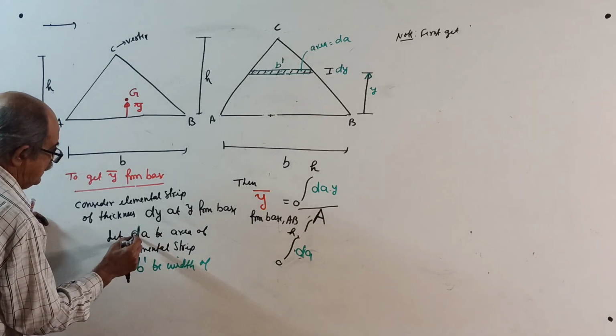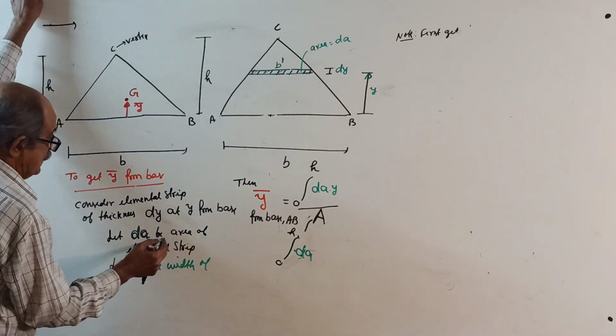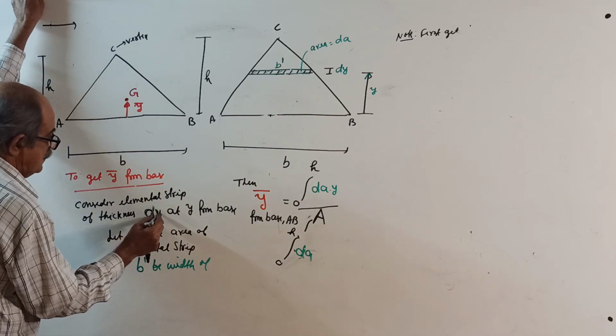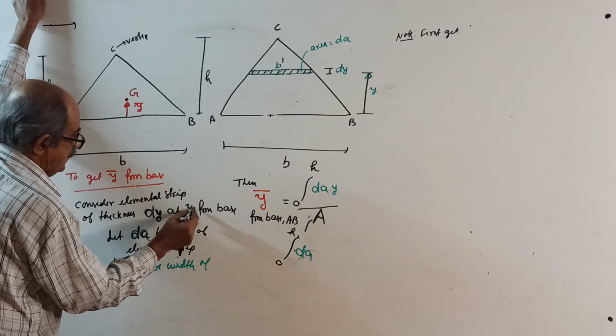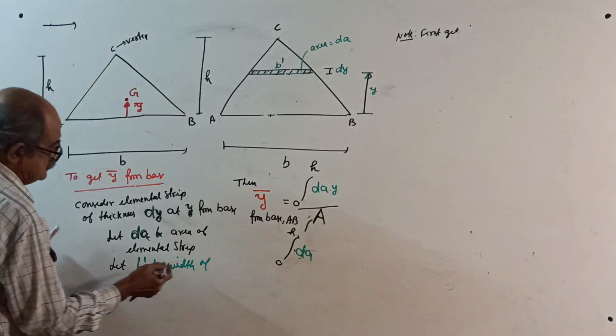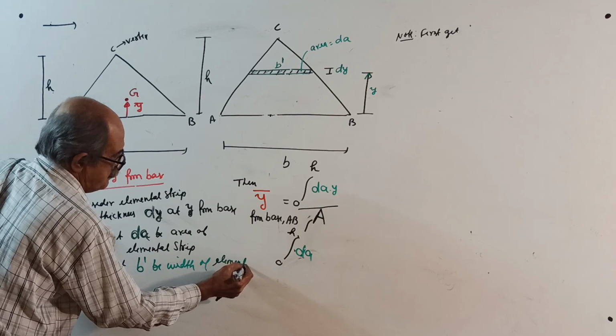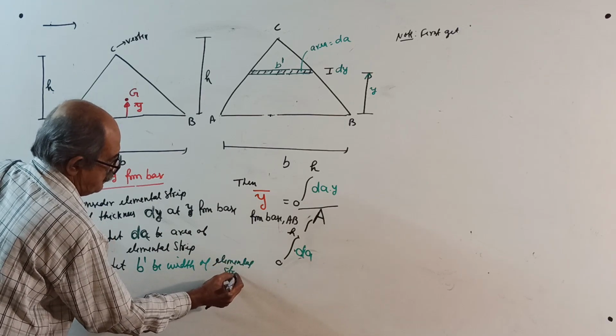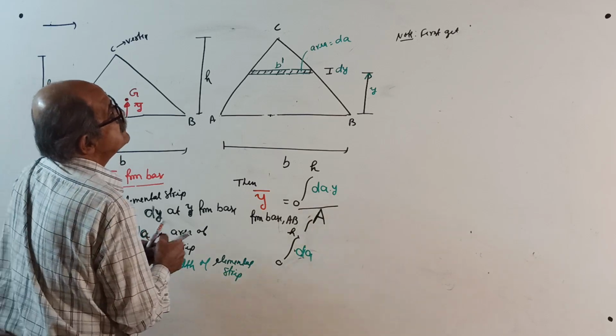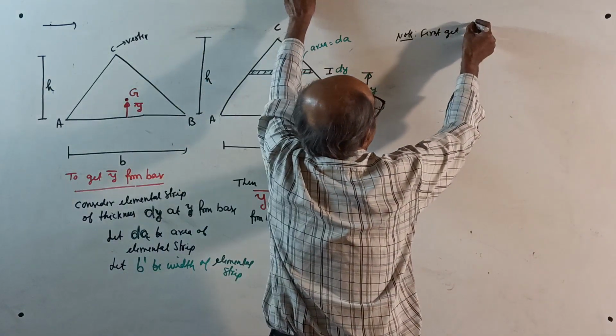Here also dA, dy and y are in green color.